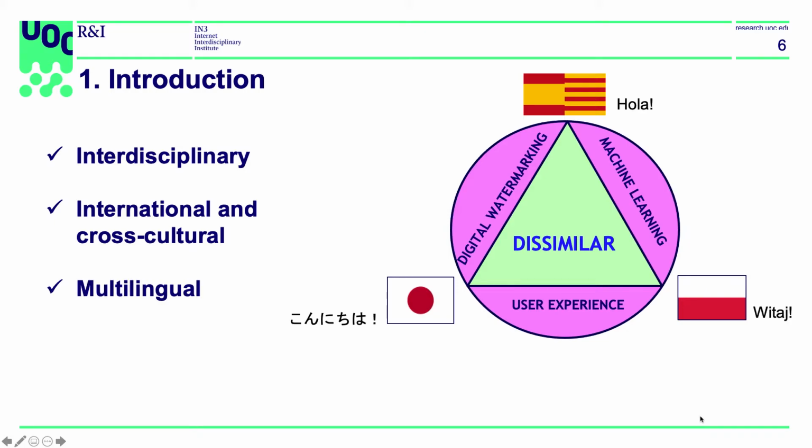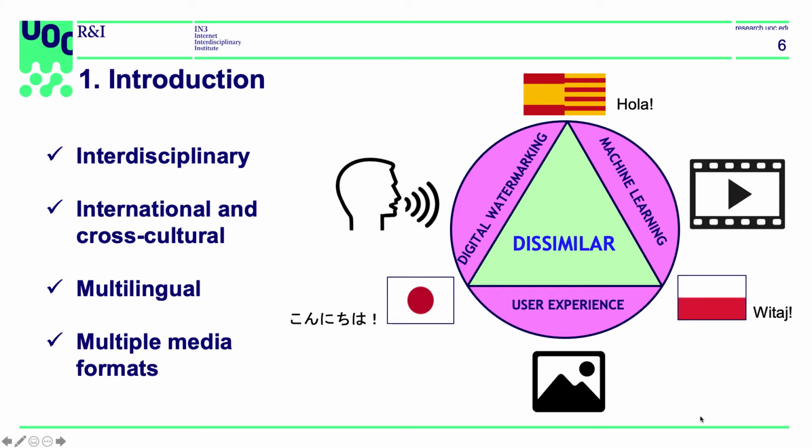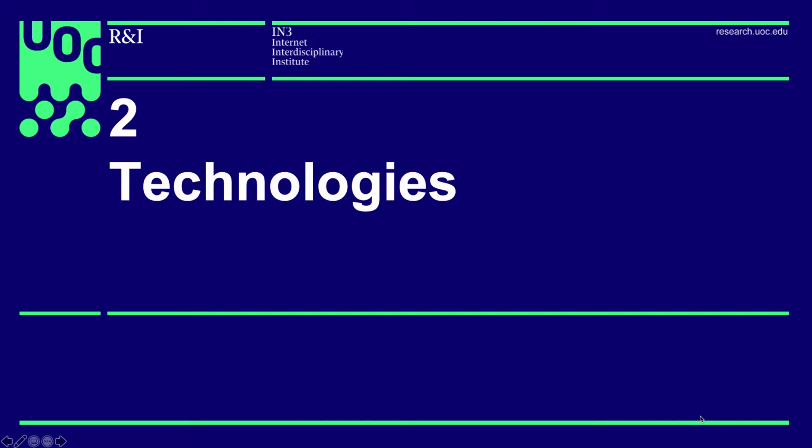It will also have a multilingual focus with at least 4 languages, including Spanish, Catalan, Polish and Japanese. And it will be considering different media formats, including video, images, and speech and audio.